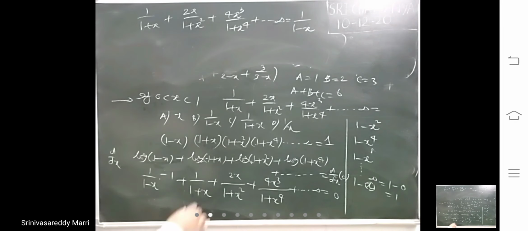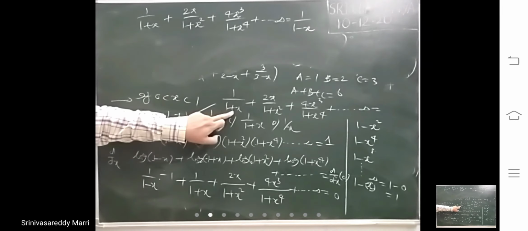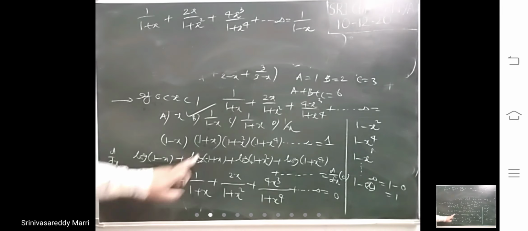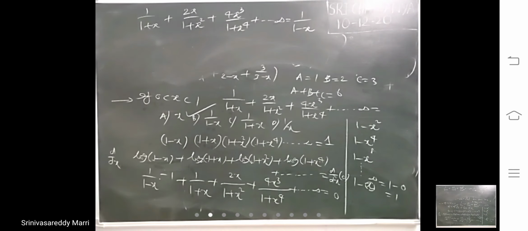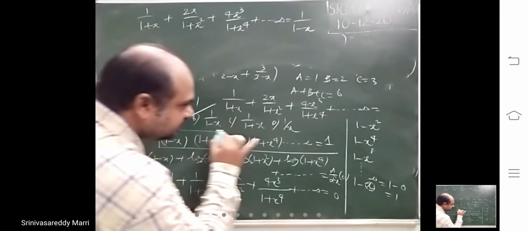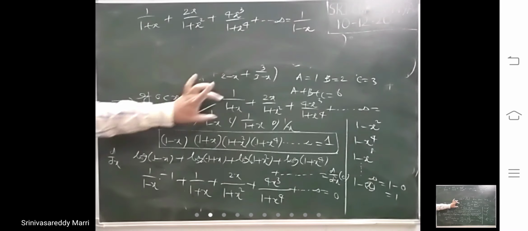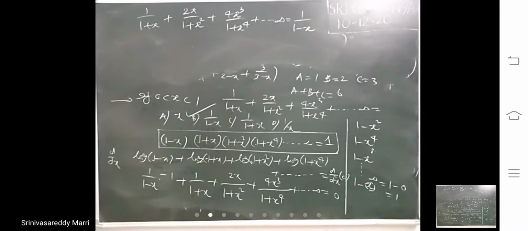So this is the answer. Look at which answer you will get: in the first term 1 plus x is there, 1 minus x you will get. Here minus you will get. That is the answer. Like that, whenever a relation you know, you can easily identify. If you apply logarithm and do the derivative, then you will get this one. If product is given, always apply logarithm on both sides.